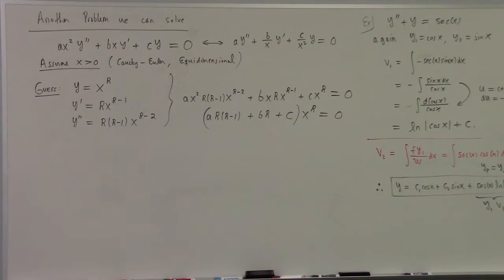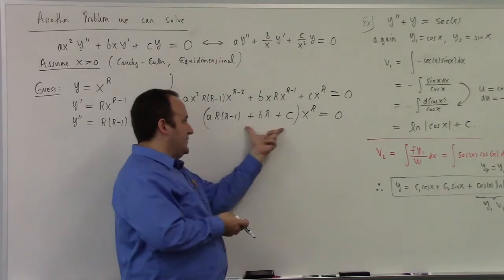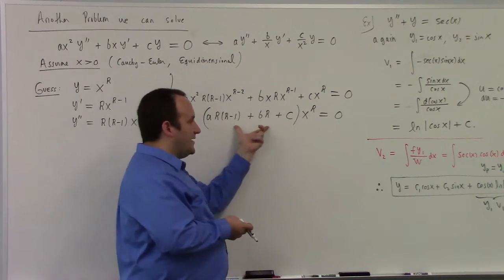So again, there's some kind of simple algebraic condition on this constant, which is dictated by the differential equation, right? So r can't just be chosen to be anything. It has to be something that forces this particular algebraic equation to be 0.